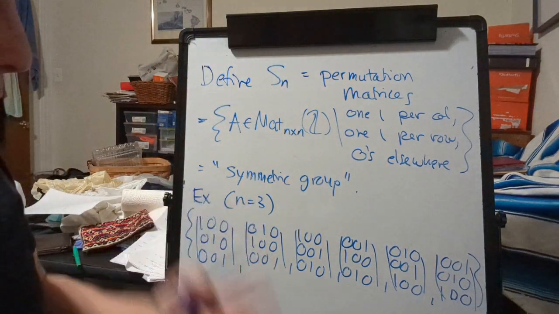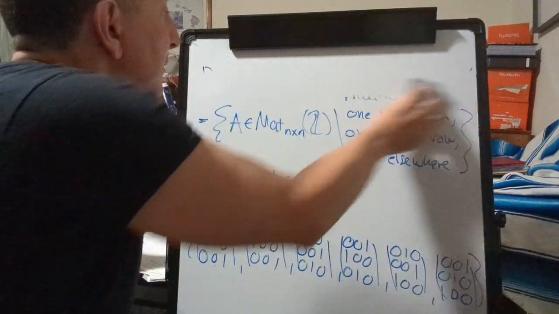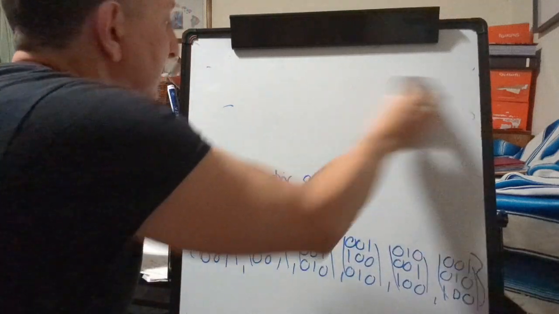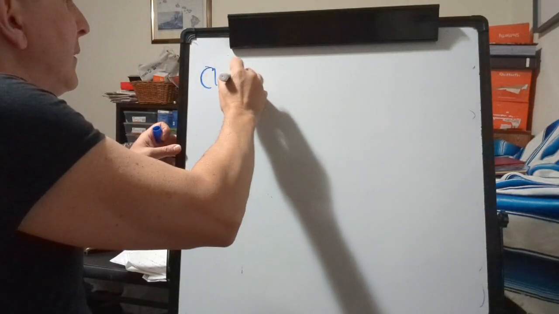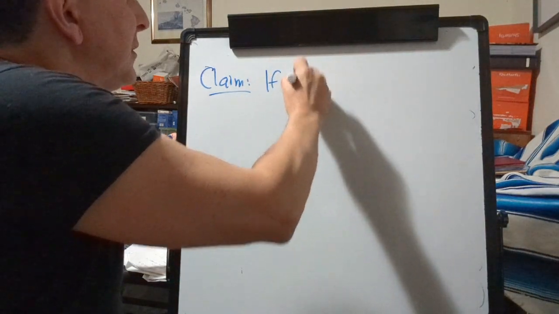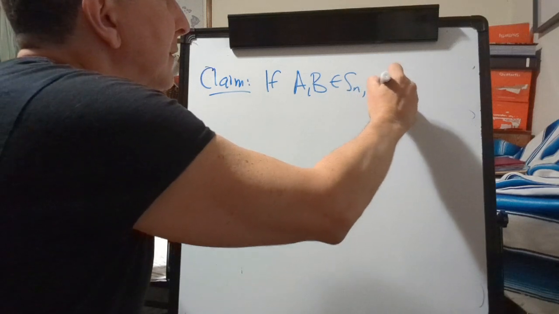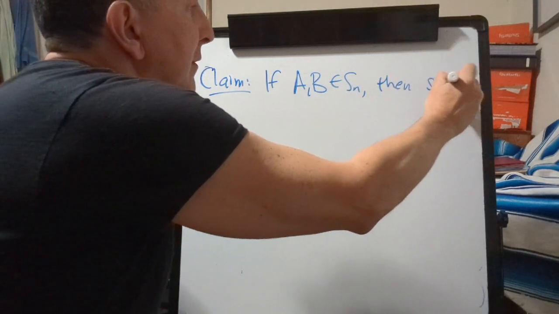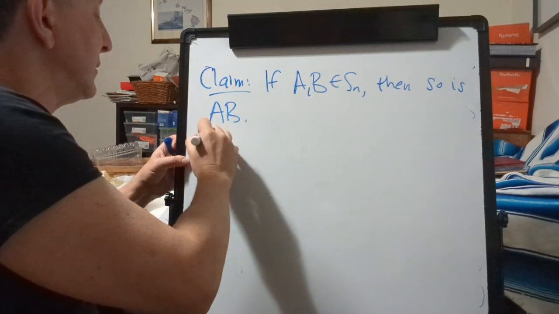All right, so let's check that permutation matrices are closed under multiplication. So I claim that if A and B are in Sn, then so is the product AB.